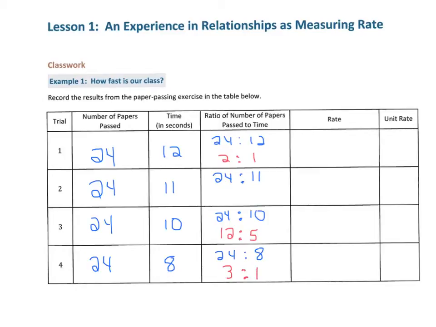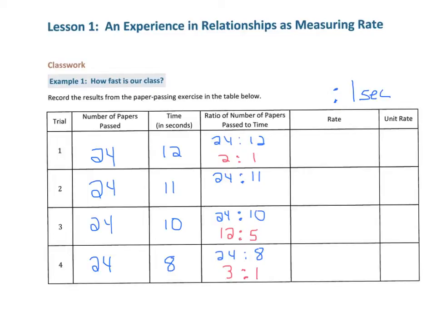Because it's a ratio, remember we have to have 2 numbers that we're comparing. And remember, to get the rate, so this is the ratio. The rate is a per 1. Because we're talking about time, and this was measured in seconds, for the rate we are trying to get it per 1. So how many papers can be passed in 1 second?